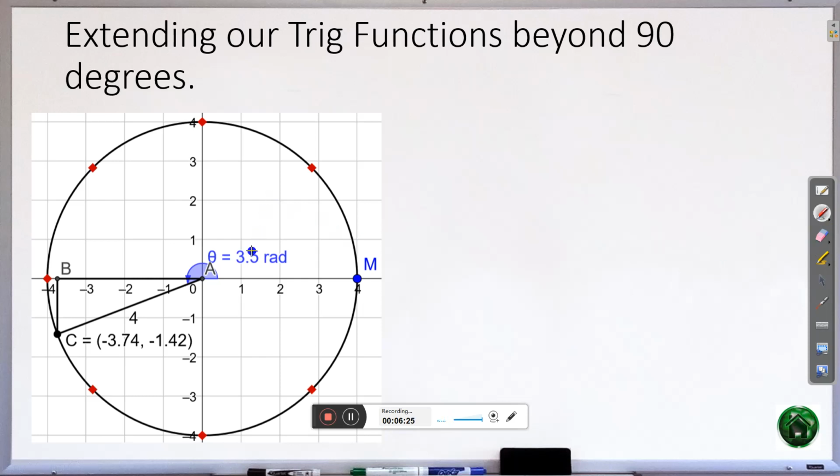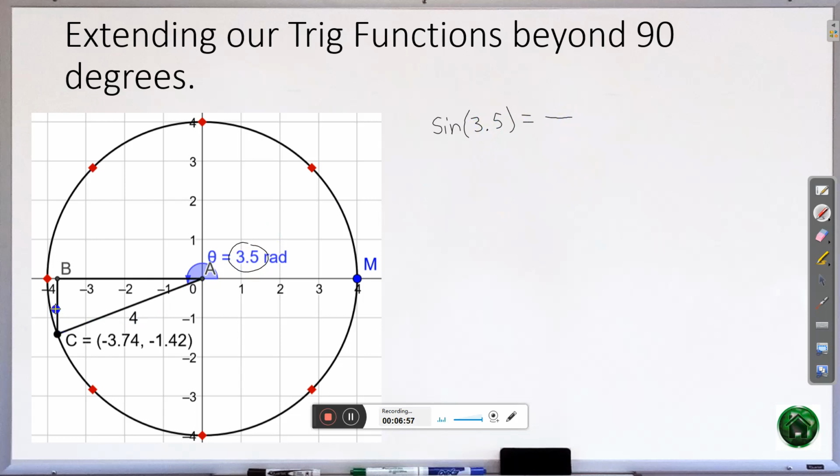So here we have our triangle on the bottom left side. Our angle goes all the way around to the third quadrant. It's on the outside of the triangle this time. But we can now still define sine, cosine, and tangent. So now I'm going to do sine. Now my angle is much bigger. The angle is 3.5. Now to find the opposite over the hypotenuse, the opposite is the y value.